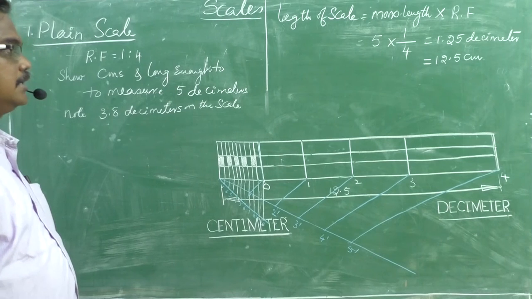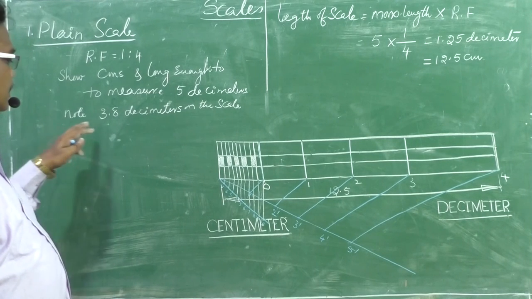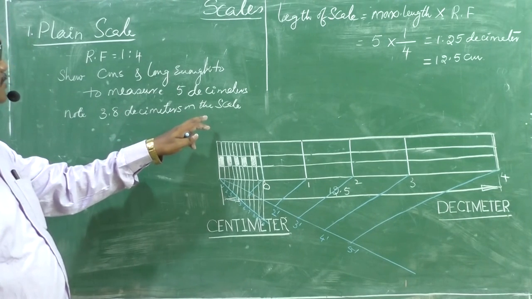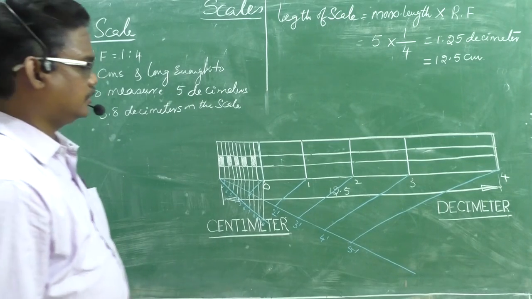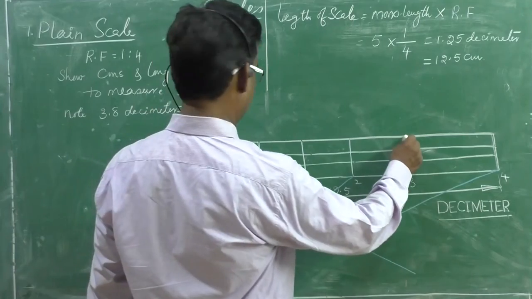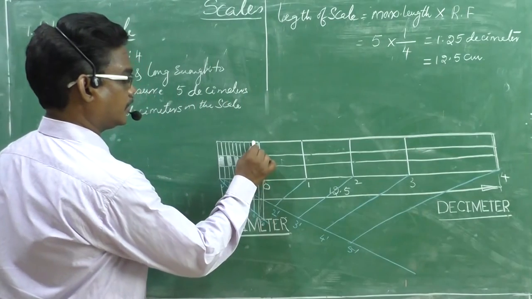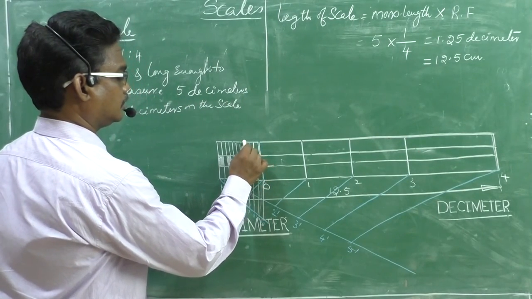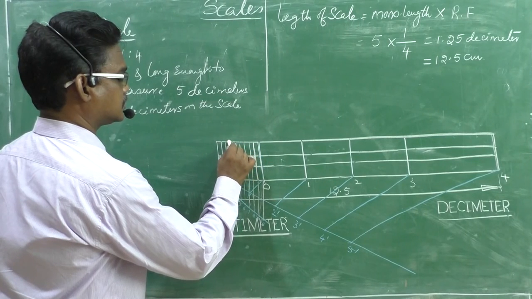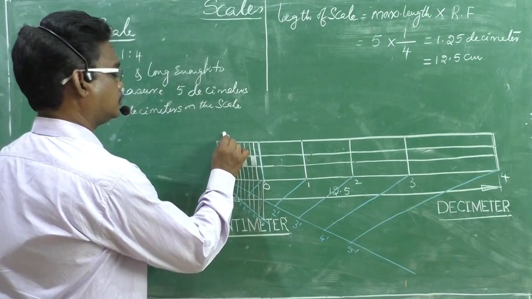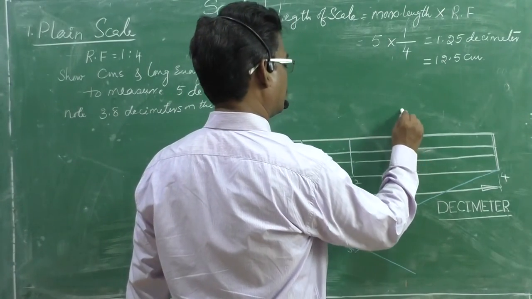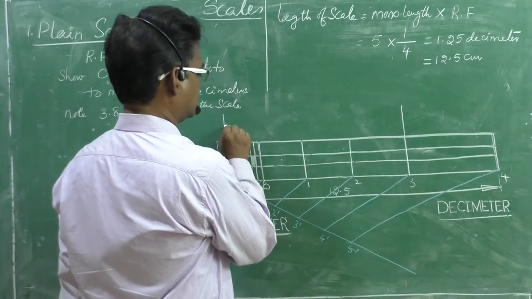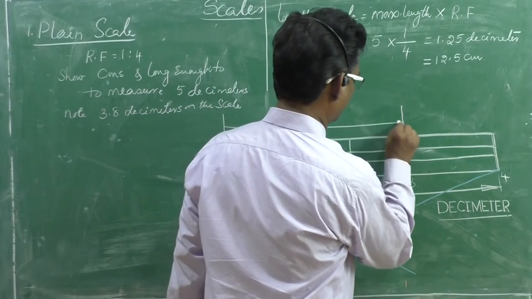Now we are asked to locate 3.8 decimeters on the scale. 3.8. Here to here 3. Now 1, 2, 3, 4, 5, 6, 7, 8. Up to this, this is 3.8 decimeters length.